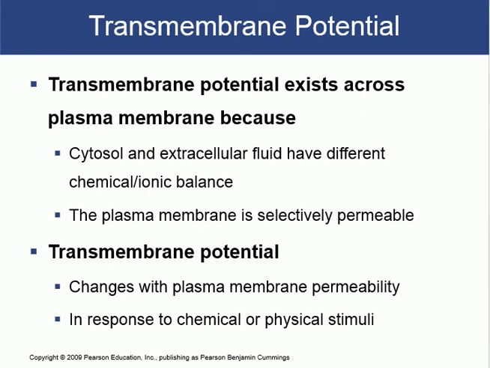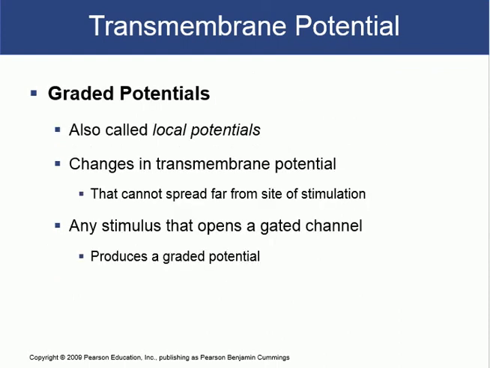So the transmembrane potential is what we talked about before, which is negative ions and positive ions outside, and negative ions and positive ions inside, if you still remember that. Now, graded potential means a local potential that comes and opens the gates. Okay? So what's the normal resting membrane potential?